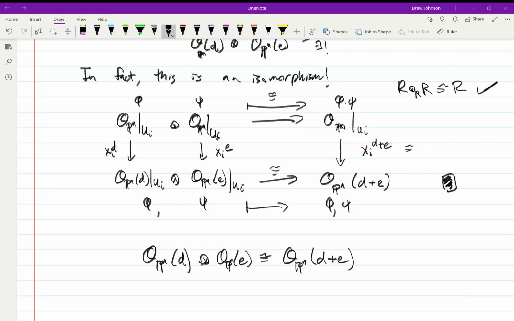Remember our example earlier showed that if you just take the pre-sheaf version, then you don't get this isomorphism. All right, I think that's all I have to say about sheaves of modules in general. So in the next chapter, we'll specialize to quasi-coherent sheaves, which will be a class of sheaves that are particularly interesting in algebraic geometry.